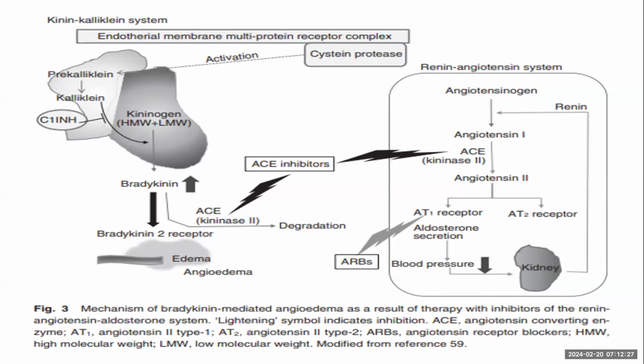That process is inhibited when the ACE inhibitor is present. Also, bradykinin is not metabolized, so it is not degraded and it accumulates, and causes the edema seen in angioedema.